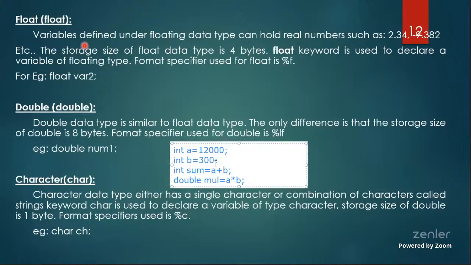If it is a small number less than 32,768, you can store it, but more than that it is not possible. So I have given this example: while adding, 12,300 will be the value, but when we try to multiply, it is not possible. You can use double.